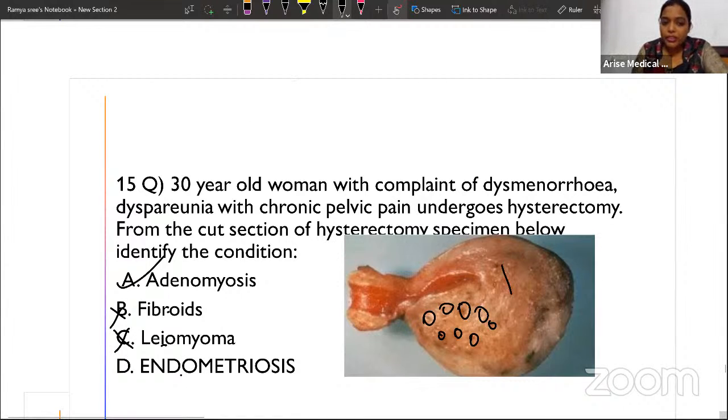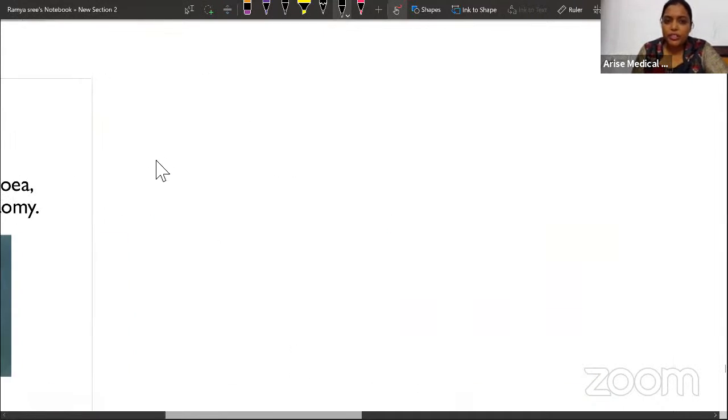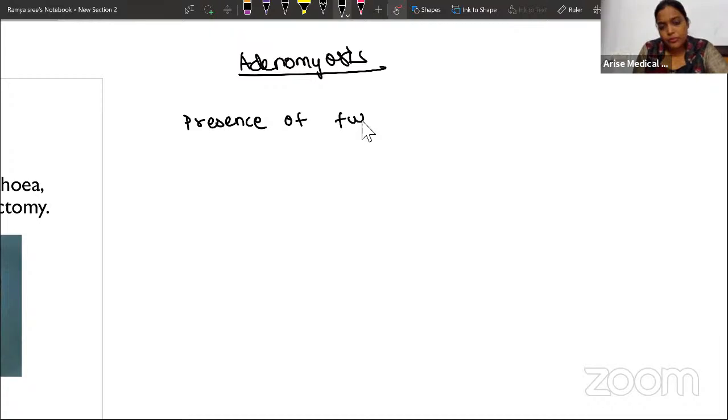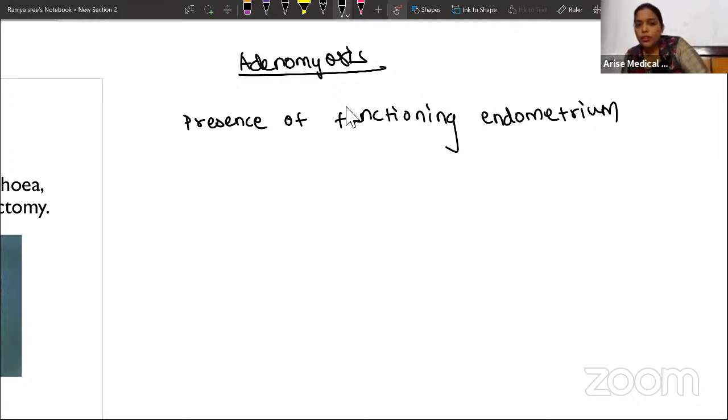Okay, this is a NEET 2018 question. Adenomyosis is presence of functioning endometrium into myometrium.